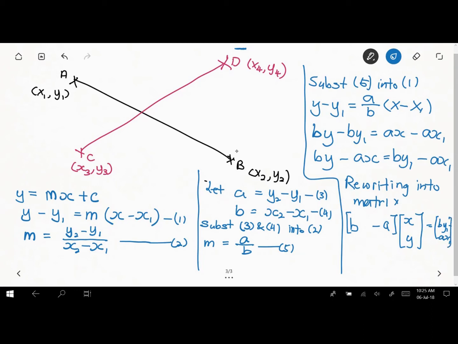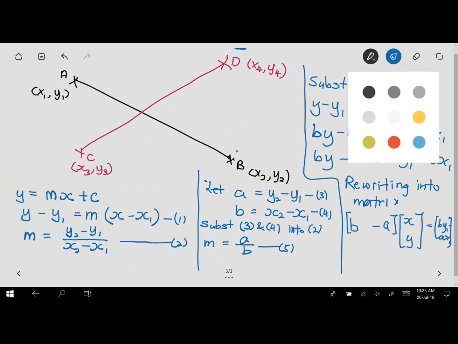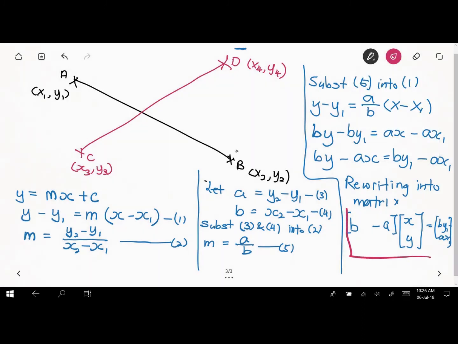Pardon for the space. We'll talk about the forming of the equation matrices for both of them in a short while.